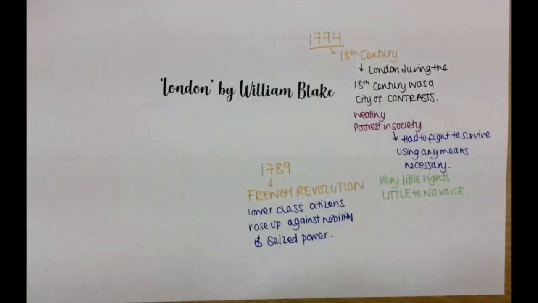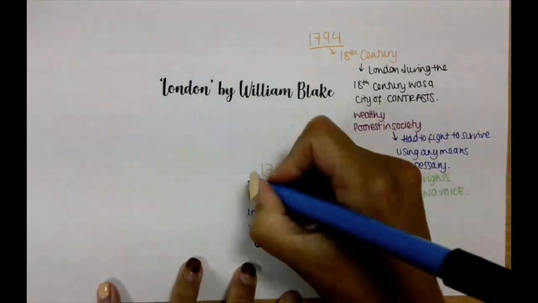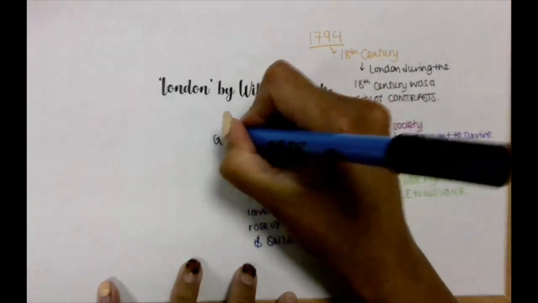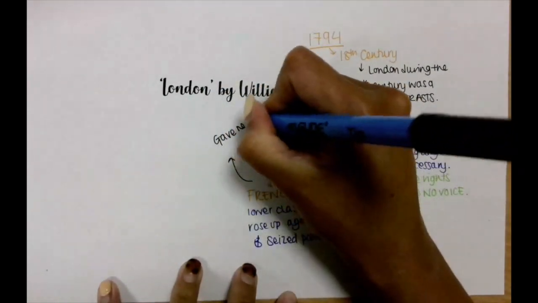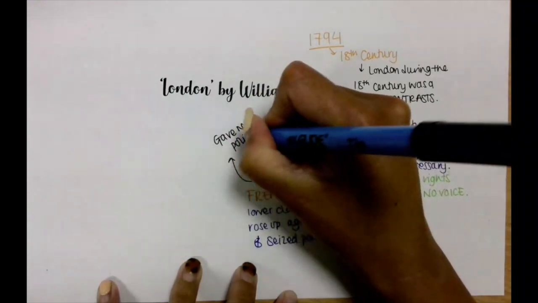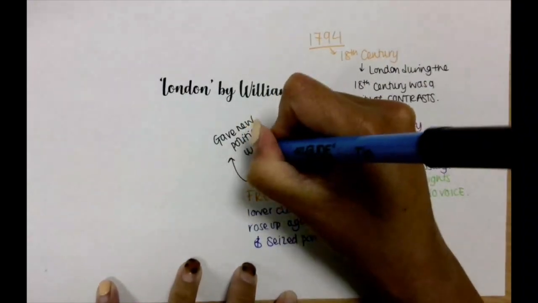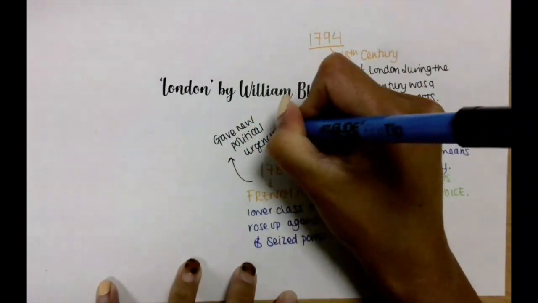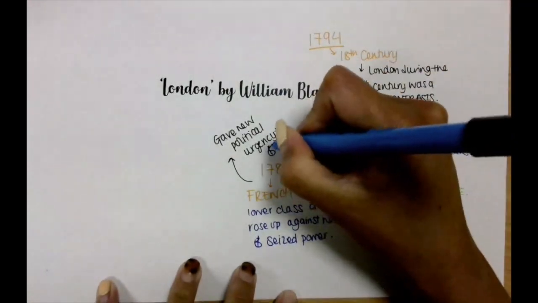There was a lot of musing, so a lot of people were talking and thinking about social change, social reform, but actually the French Revolution gave these people something to really fight against and something that they could use within their own context. So this gave new political urgency to Blake's views.